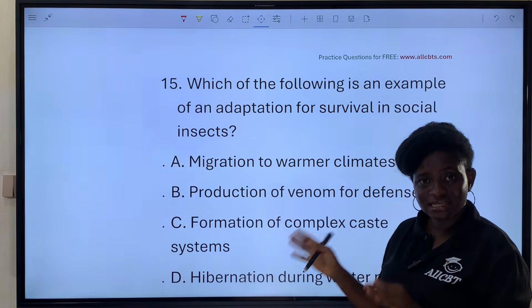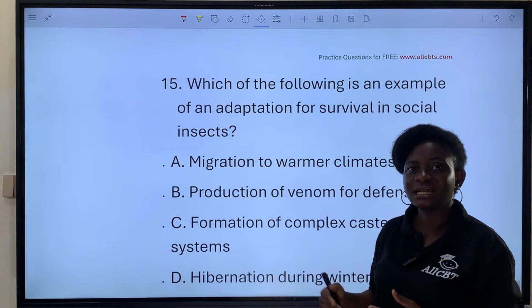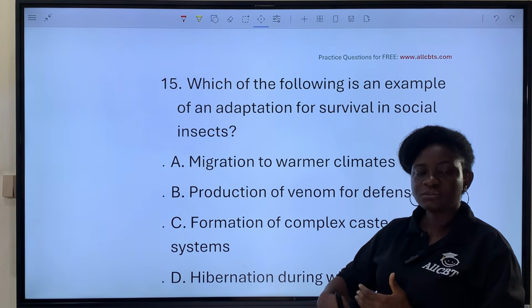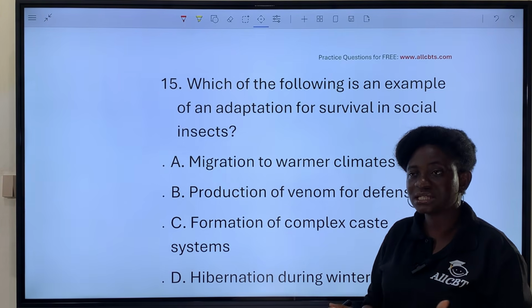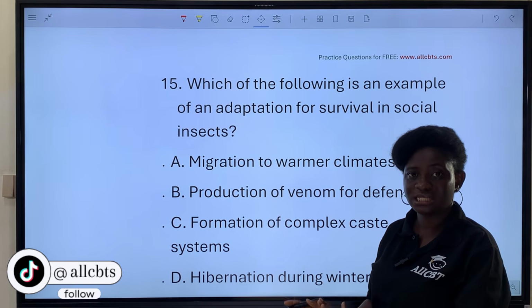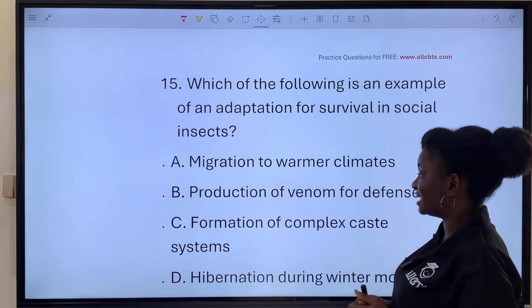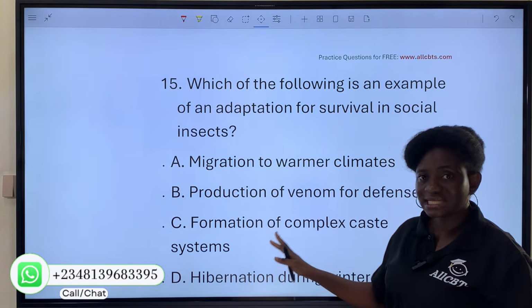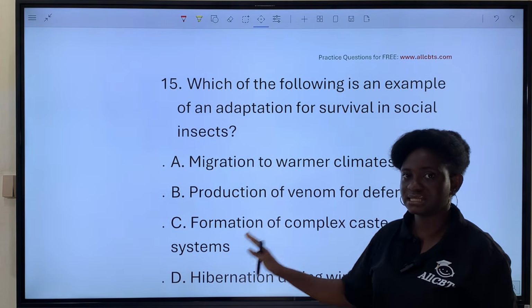The correct answer relating to that here is formation of complex caste system. That means they form specialized groups, that's the caste. So in termites, we see they have the queen, they have the soldier, they have the workers. So that is how they adapt for survival. So the correct answer here is option C, formation of complex caste systems.